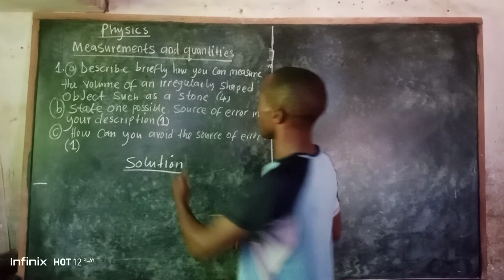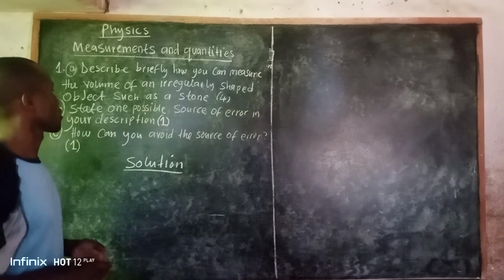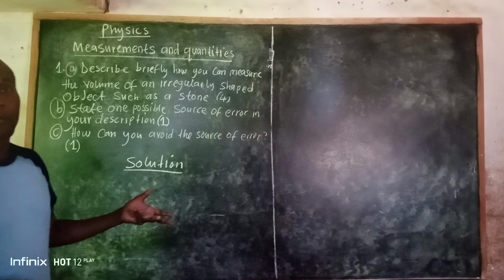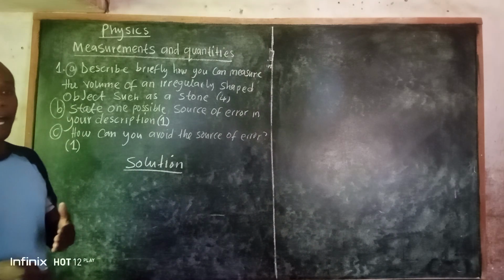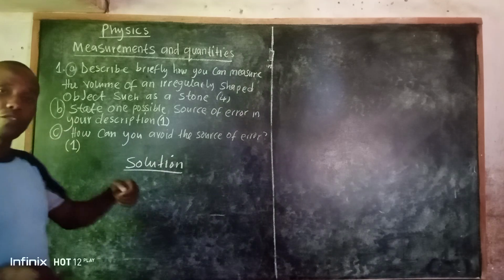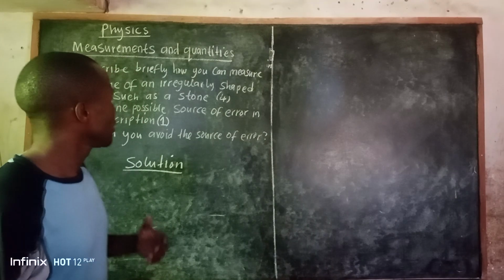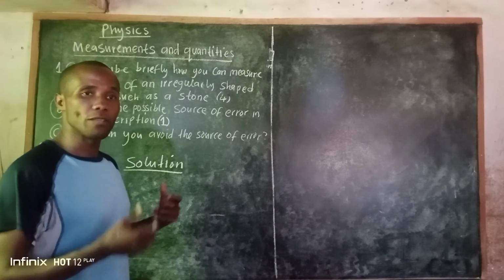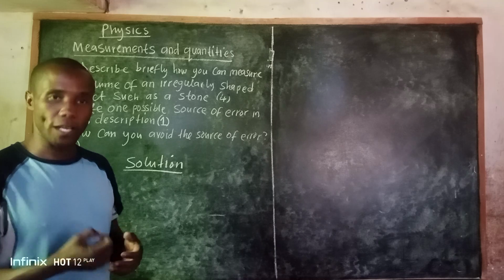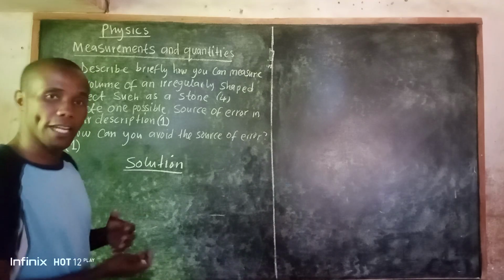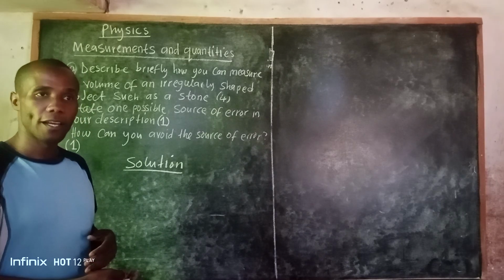According to the way we are supposed to answer this question, we need to describe. In your description, you are first going to get the irregular object, then you tie it to a string. Once you have tied it, you get the measuring cylinder, which already has water.